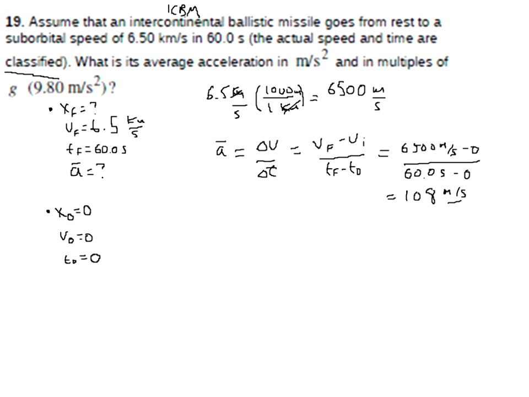That comes out to be 108 meters per second per second. We've got meters per second on the top divided by a second. Some people like to write down meters per second squared. I prefer the term meters per second per second myself, because it reveals the definition: velocity per unit time.